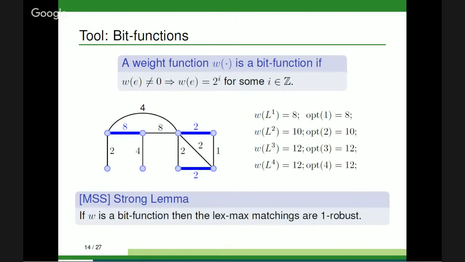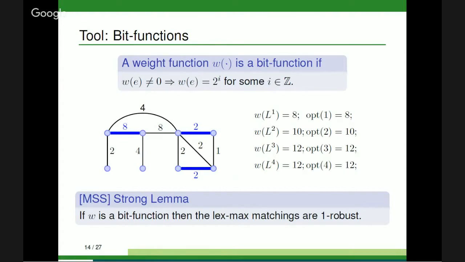All Lex-max matchings have the same string of weights, and the string of weights is what defines the weight. So any Lex-max matching is one robust.